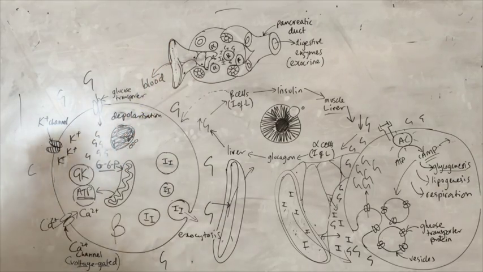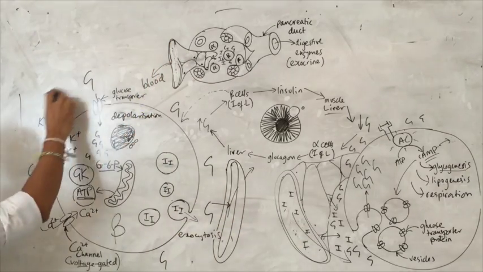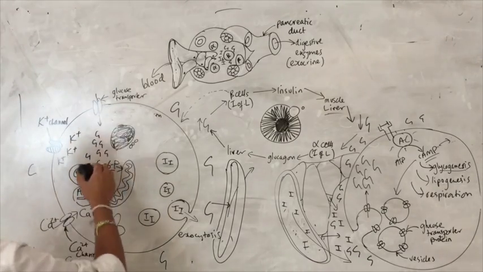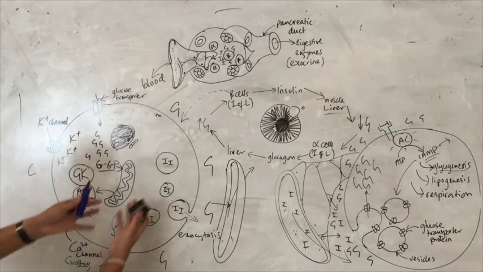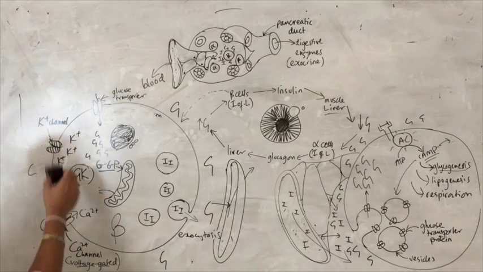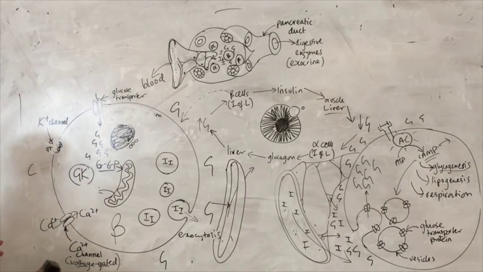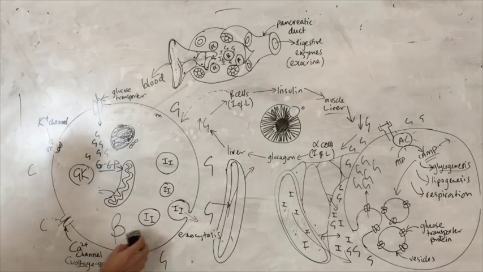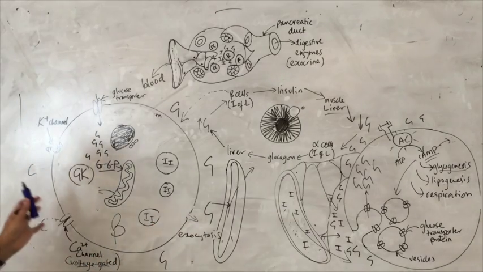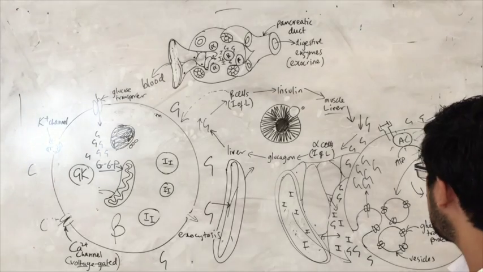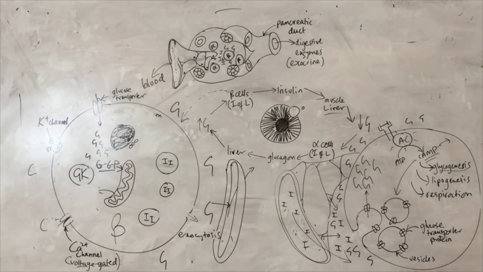So less glucose going around in our capillary thanks to the liver, less glucose coming in, less glucose being phosphorylated here, less ATP made, potassium ions are therefore open, we don't get depolarization, we don't get calcium entry, and we don't get release of insulin. Yeah, kind of magic. Yeah, and that, I believe, is that.